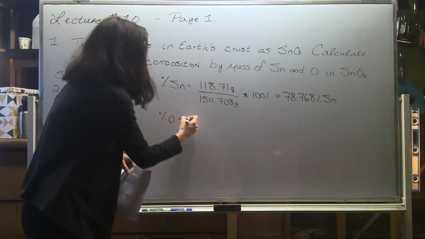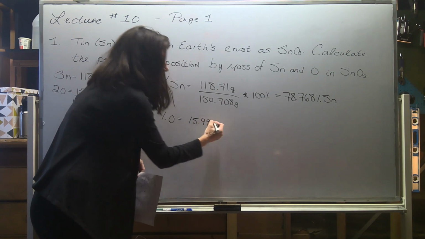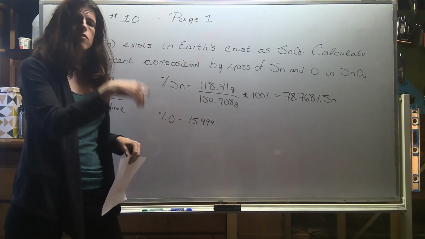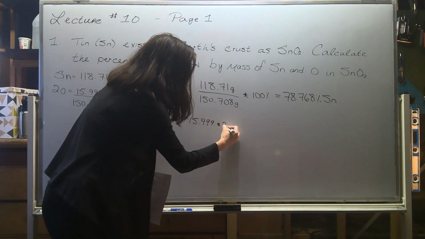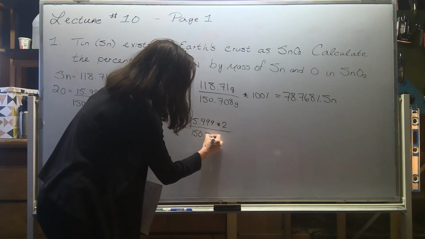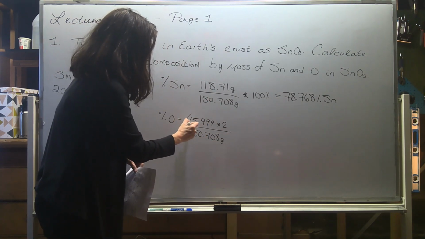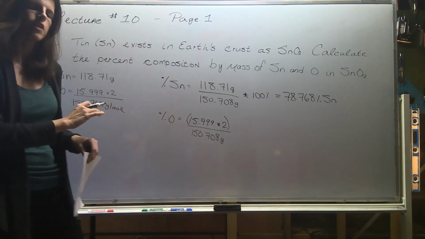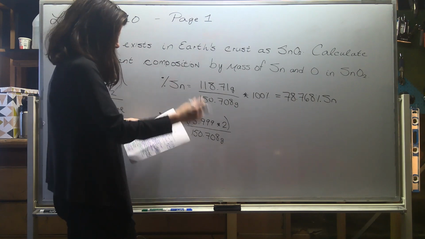So I'm going to do 15.999, the mass of oxygen from the periodic table, times 2 divided by 150.708 grams. When you're plugging this into your calculator, make sure you put a parentheses around that top value, or you may or may not get the right value without the parentheses.